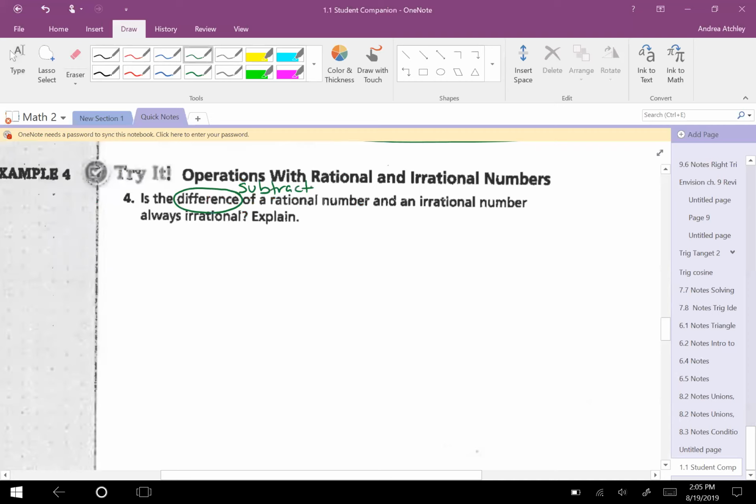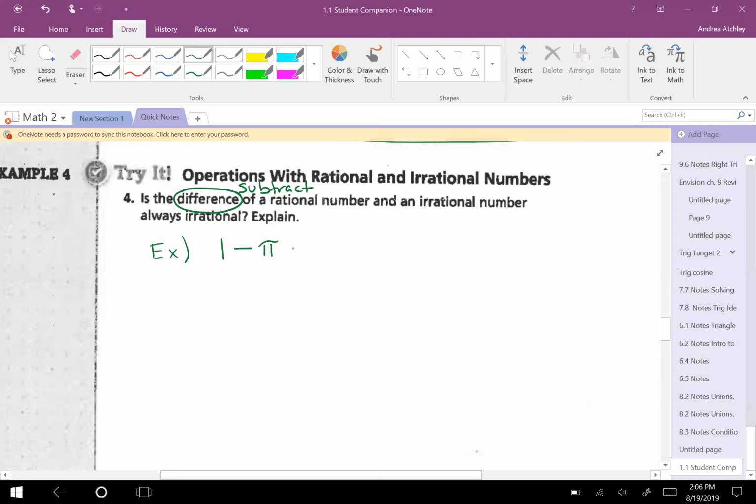So we're subtracting a rational number. So again, I need a rational number. Joel, what's a rational number? Okay. Then we need an irrational number. Can someone give me an irrational number? Pi.